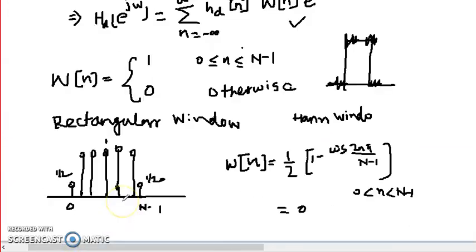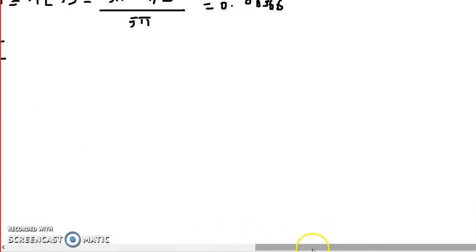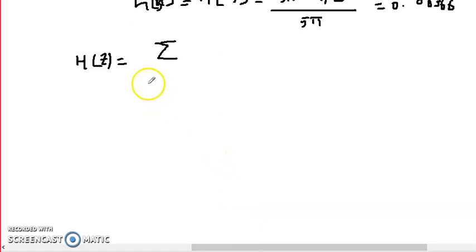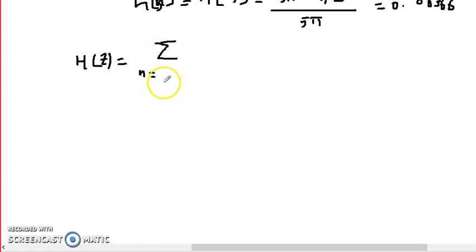Since hn is given, you can determine hz. Hn is this. So hz will be the sum from minus 5 to 5 of hn z raised to power minus n, just like this.